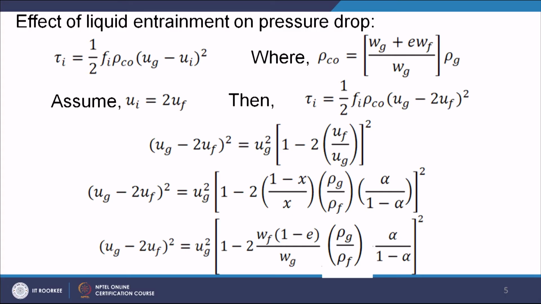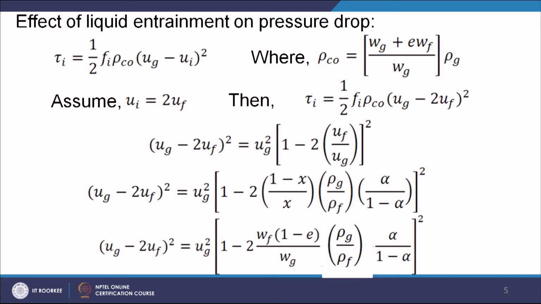Okay. Now, if we add all these things into this expression of tau I, tau I changes to half into f I rho CO into u g minus 2 u f whole square. Though I have not placed the rho CO expression into this one, one can do that. Now I am interested in this u g minus 2 into u f whole square part, so I will explain that separately.